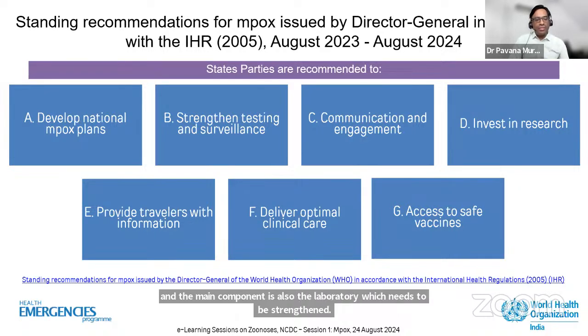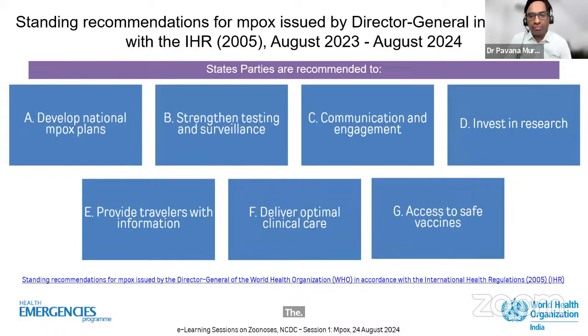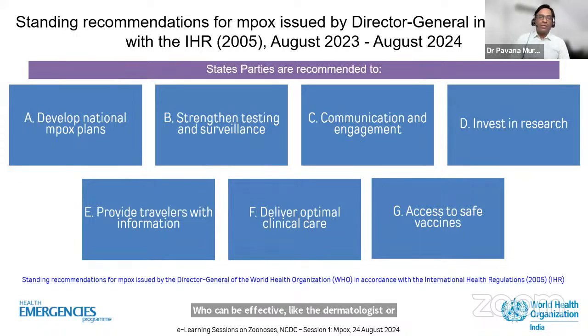Communication and engagement. Of course, here we look at risk communities and especially those who can be effective, like the dermatologists or STI clinics or the NACO, etc. So how do we engage these groups?